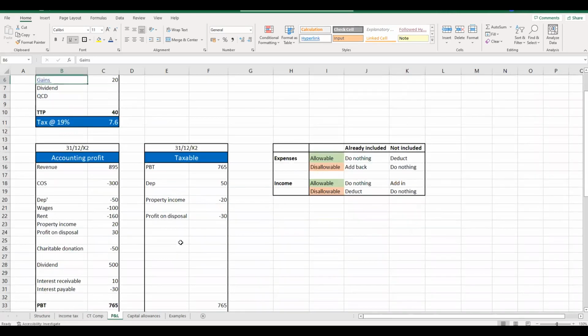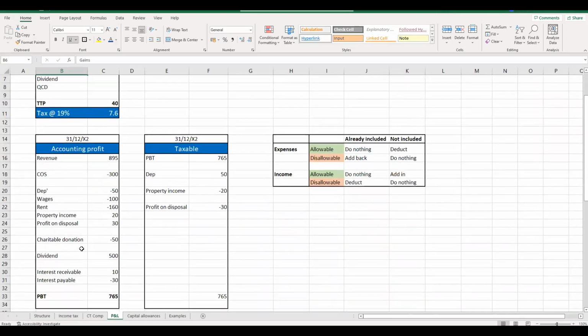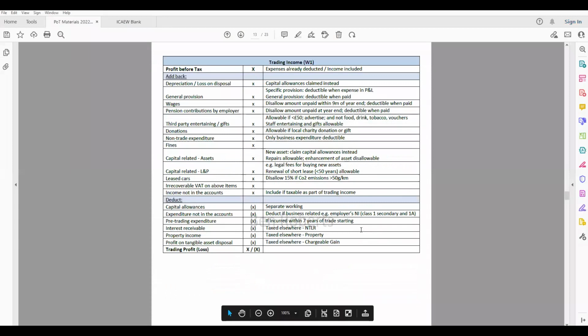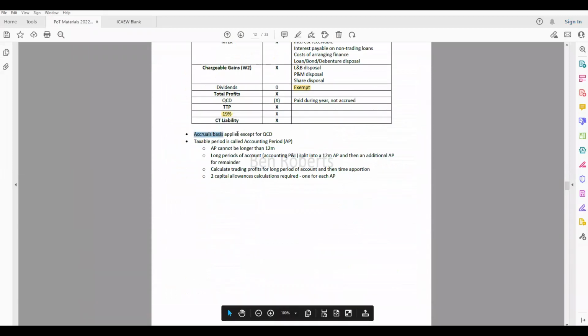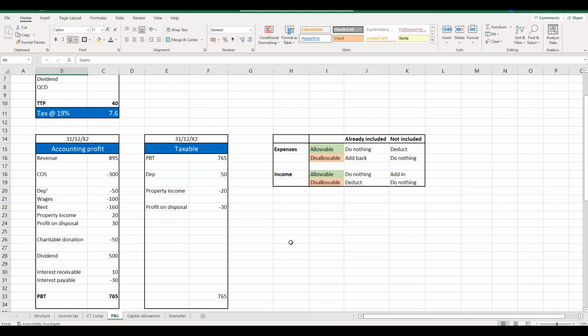So the next one we've got is charitable donations. Everything for corporation tax is handled on an accruals basis, except, very importantly, qualifying charitable donations. If you cast your mind back to how you prepare a set of financial statements, you essentially apply the accrual basis.